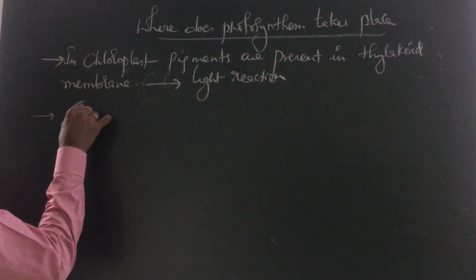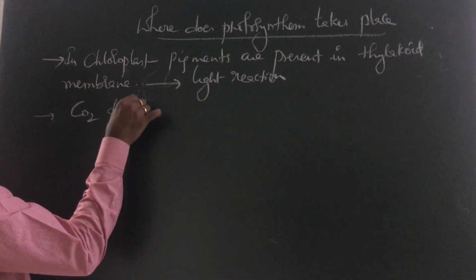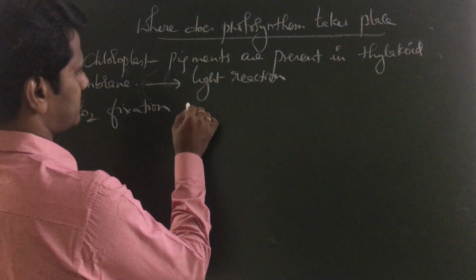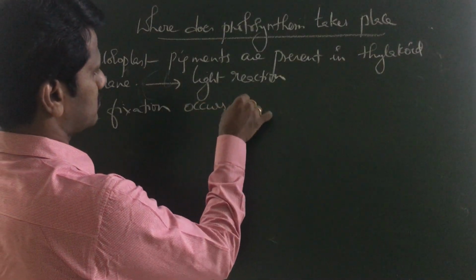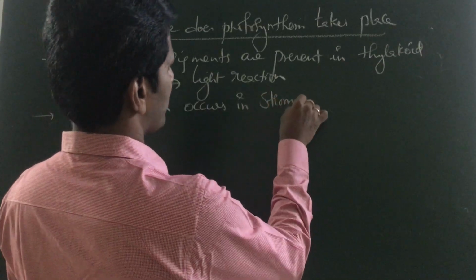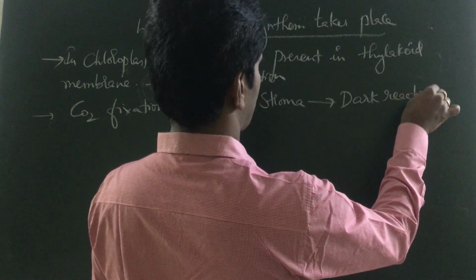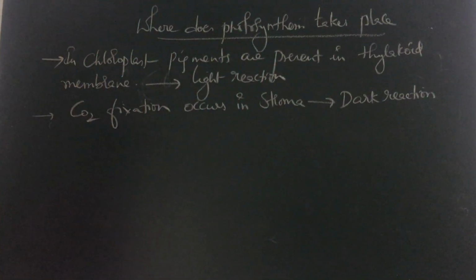Carbon dioxide fixation occurs in the stroma. This is the dark reaction. The dark reaction is the fixation of carbon dioxide, whereas the light reaction converts light energy into chemical energy.